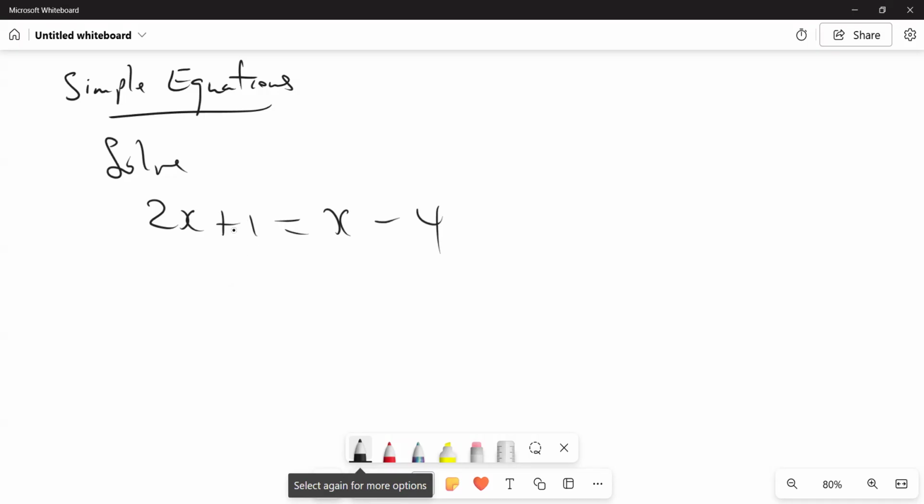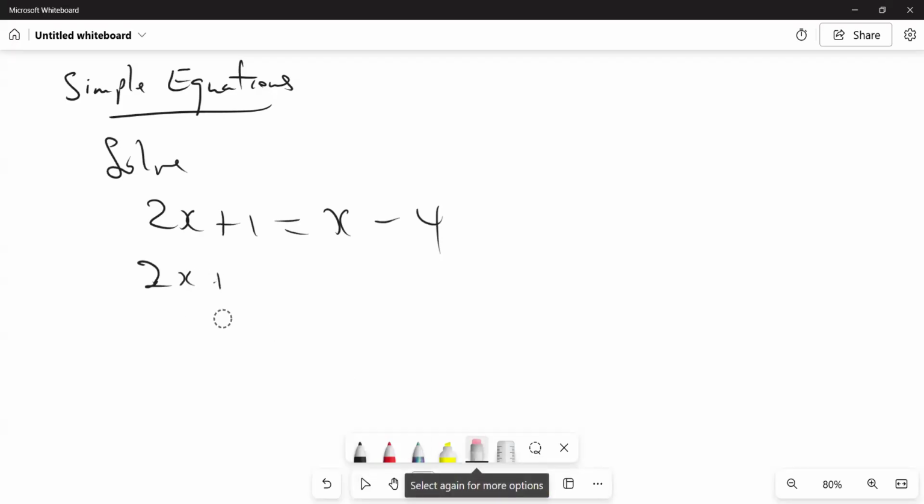So what you want to do, first of all, is get the x's over here and all the constants over there, and let's see how we'll do that. We subtract x from both sides. So 2x minus x plus 1 equal x minus x minus 4.